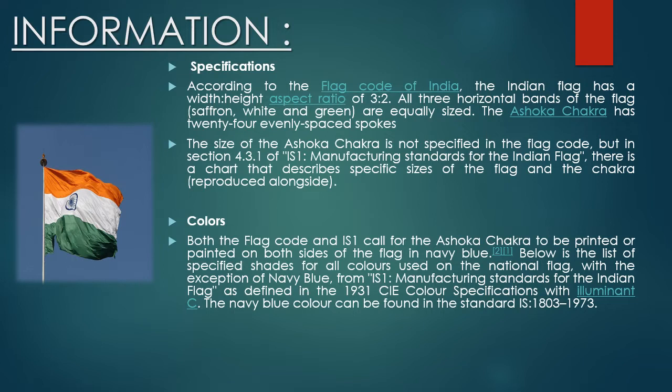Below is the list of the specified shades for the colors used on the national flag, with the exception of navy blue, from the ISI manufacturing standards for the Indian flag, as defined in the 1931 CIE color specification with illuminant. The navy blue color can be found in the standard IS 1803, 1973.